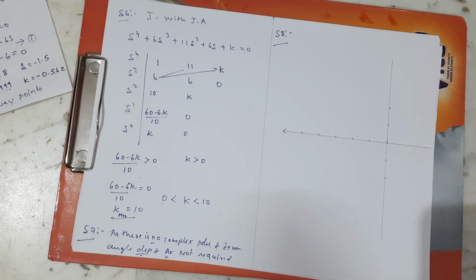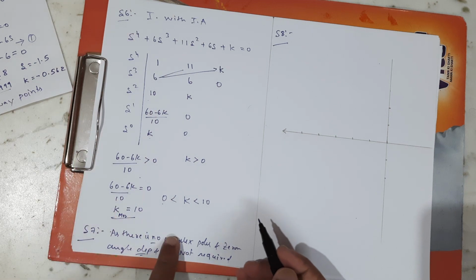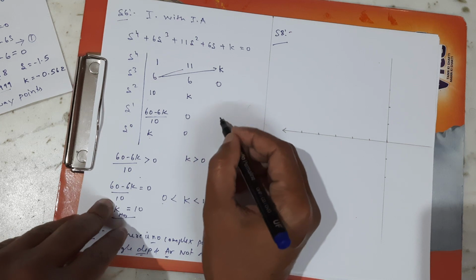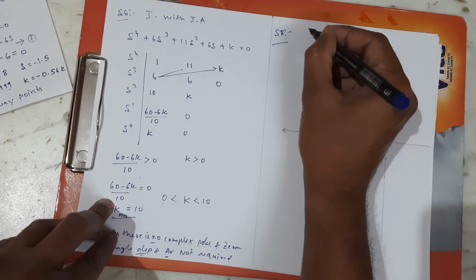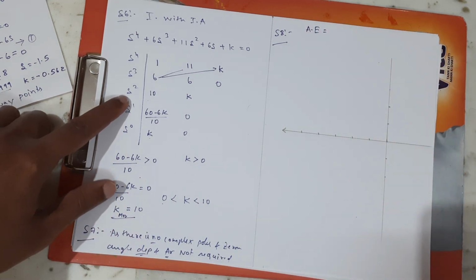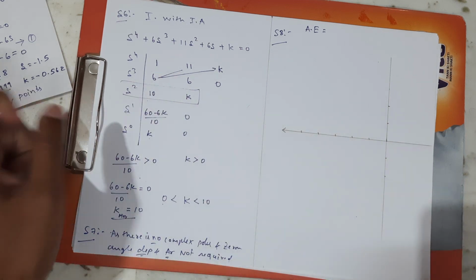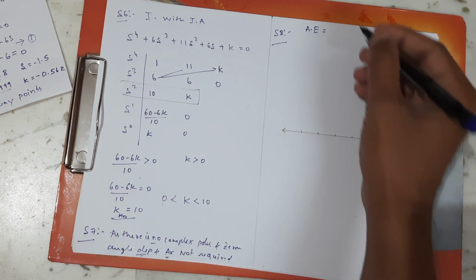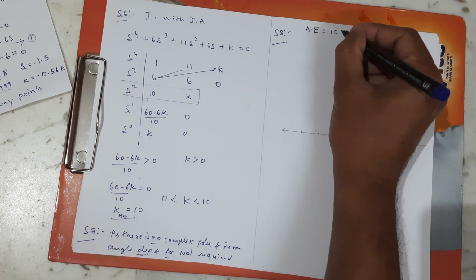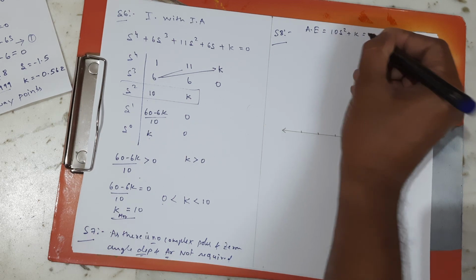After this, I need to find the intersection of the root locus with the imaginary axis. For that, we need to consider an auxiliary equation. So here I am going to consider the s square row as the auxiliary equation. I am going to write the equation for this: 10s square plus k is equal to 0.